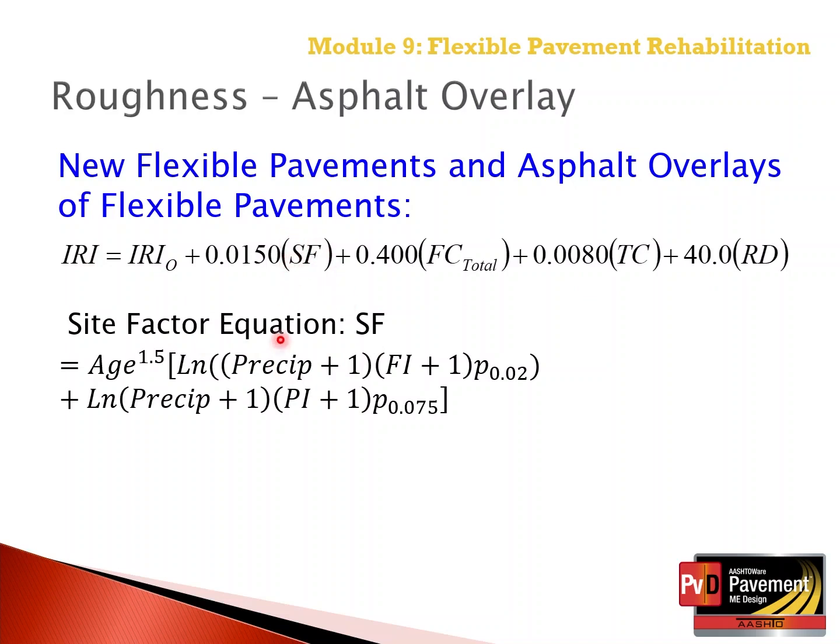So the site factor regression equation is the same, and the IRI regression equation for predicting IRI throughout the design life is the same as for new flexible pavements, which have already been discussed in Module 6-1-4.